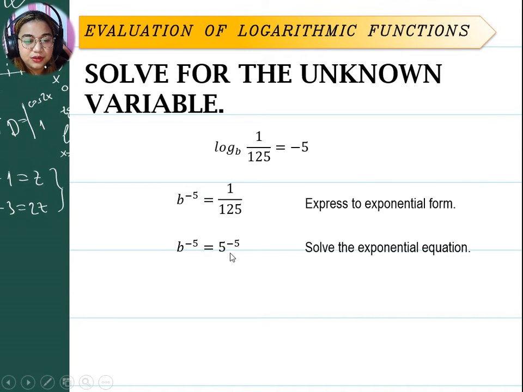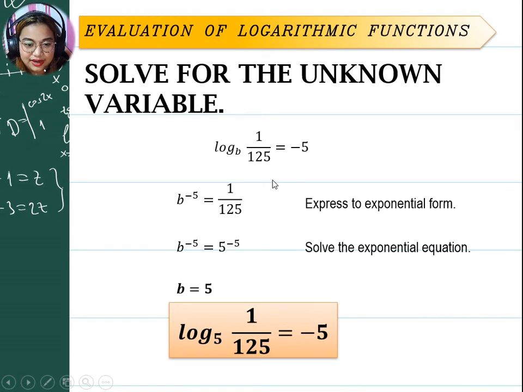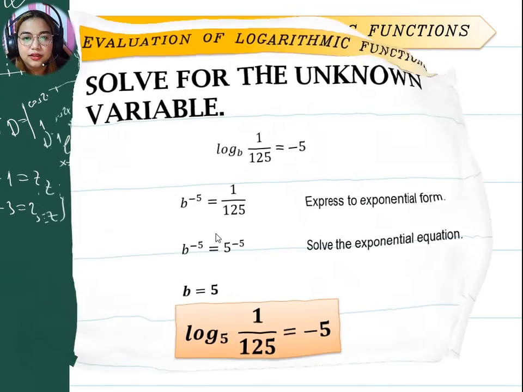So we have here 5 raised to negative 5 and b is equal to negative 5. So kung matatandaan ninyo, dapat we have here the equal sign. So kung equal sign, dapat equal din sila. So b is equal to 5. So our logarithmic function is logarithmic of 1 over 125 base 5 is equal to negative 5.